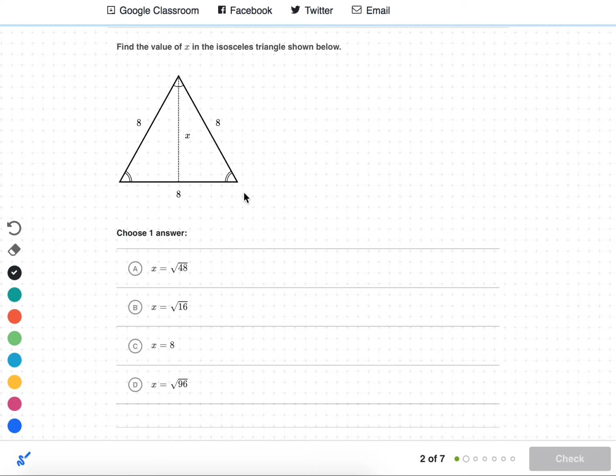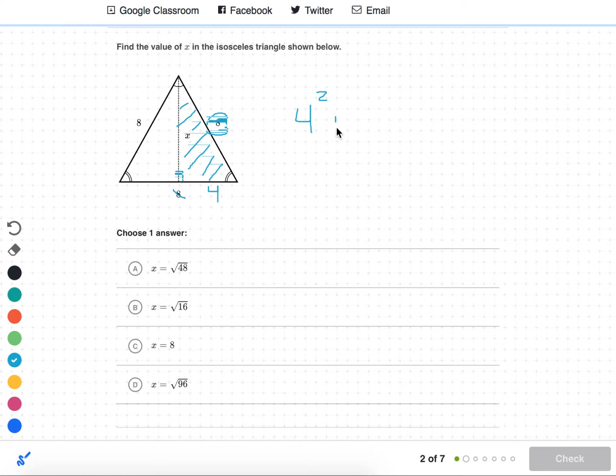Number 2, find the value of x in the isosceles triangle shown below. Again, we have to use a right triangle, because the Pythagorean theorem has to do with right triangles. So here the key is seeing that for this right triangle, the hypotenuse is 8, we don't know the height, and this leg right here is half of the base, so just 4.